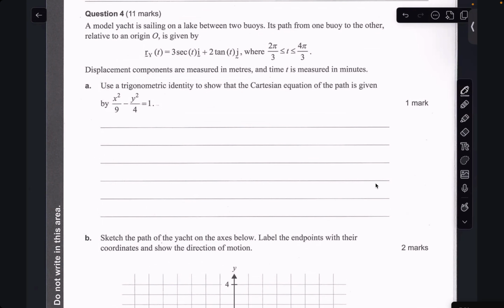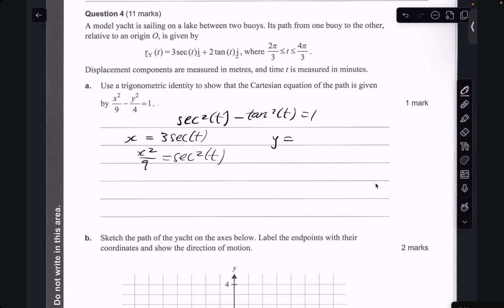So we know that sec squared t minus tan squared t is equal to 1. So x is equal to 3 sec t, so x squared on 9 is equal to sec squared t.